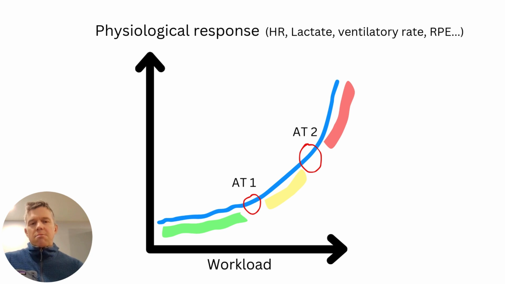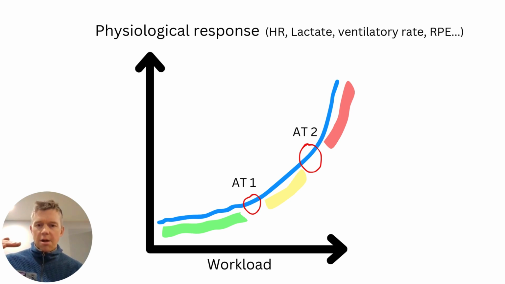And that physiological response can be measured many ways: heart rate, lactate, breathing rate, RPE, rate of perceived exertion, just how hard do you think you're working. But they're all measuring the same 2 things.